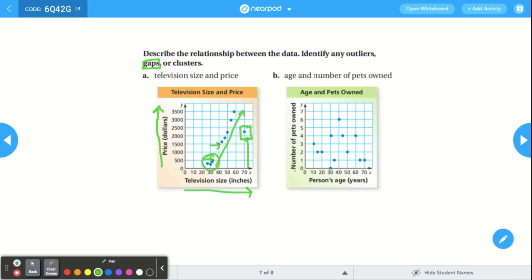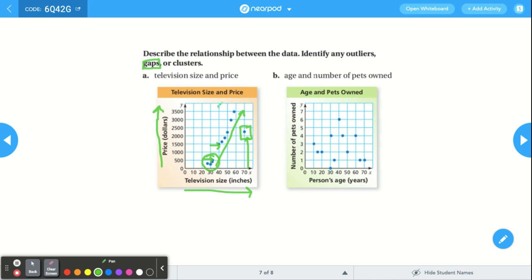So I would say there's a cluster between the $0 and $500 TVs, right around the 30-inch size TV, probably between 28 and 32. That would be a cluster where you see a lot of dots inside of a scatter plot.